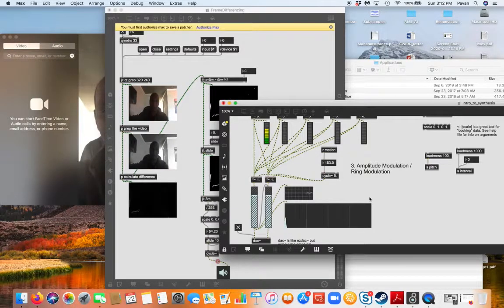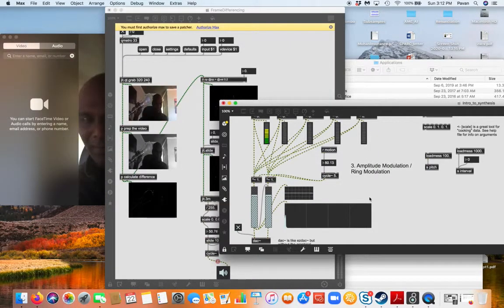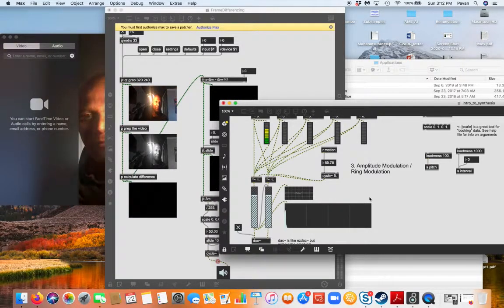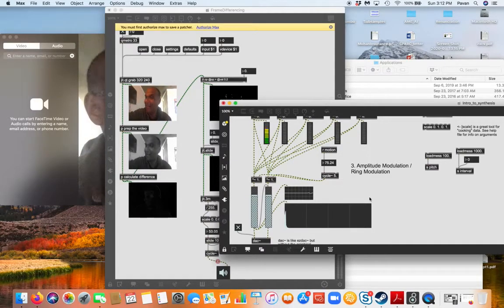Let's see how light works here. A game of light and sound.